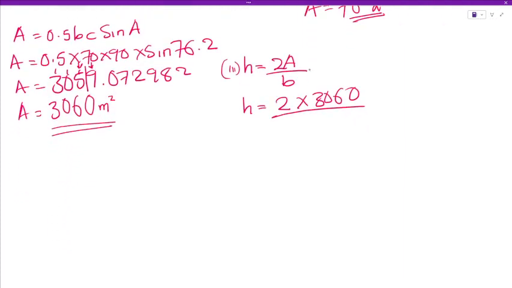So we plug in our 90 here. Our height will be equal to 2 times 3060 divided by 90. That gives me 68. Let me try again. 2 times 3060 divided by 90. So my shortest distance is 68 meters, and you are done.